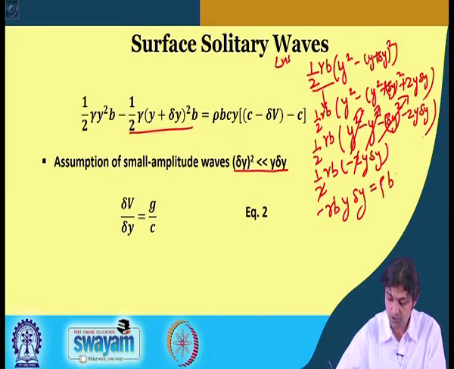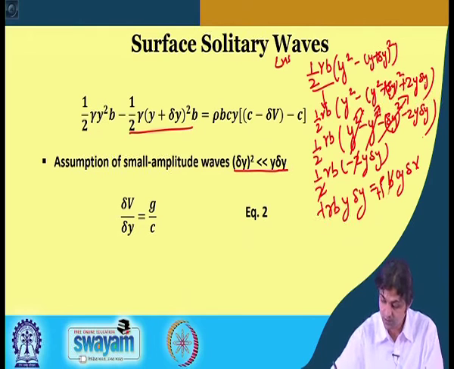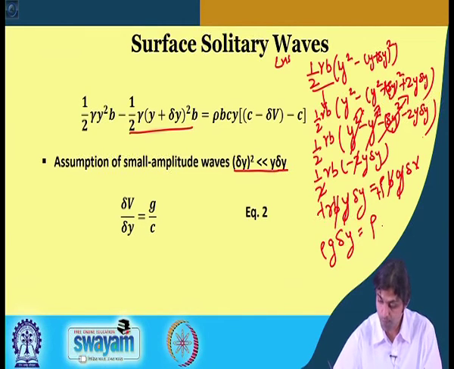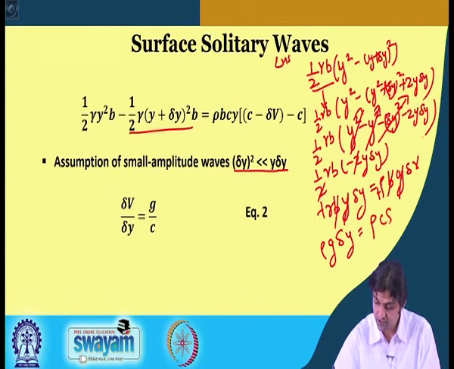On the right hand side, rho b c y, where c minus c gets cancelled, and this becomes minus delta v. So, the minus signs get cancelled, b gets cancelled, and one y gets cancelled. Gamma is rho g, so we can write rho g delta y is equal to rho c delta v.